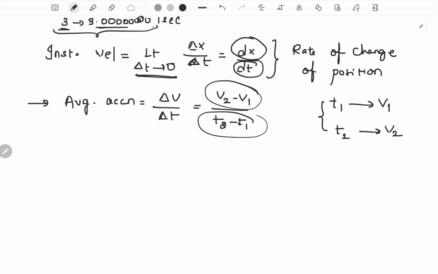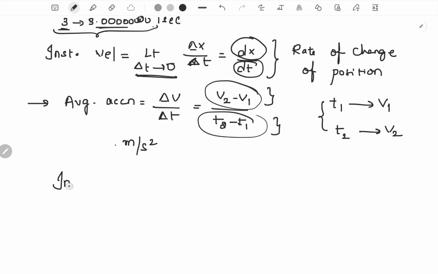In SI units, change in velocity is in meter per second and time is in second, so we get meter per second square.